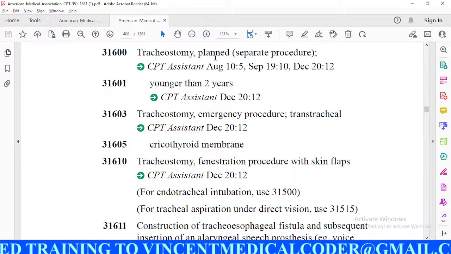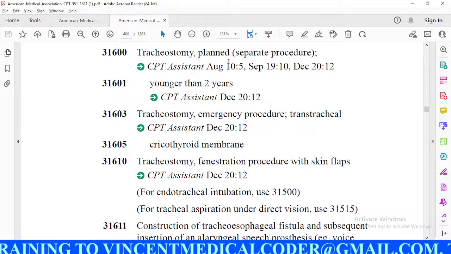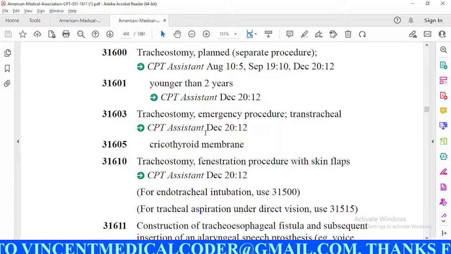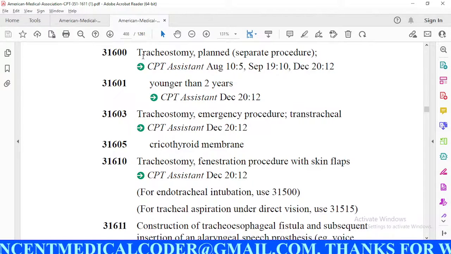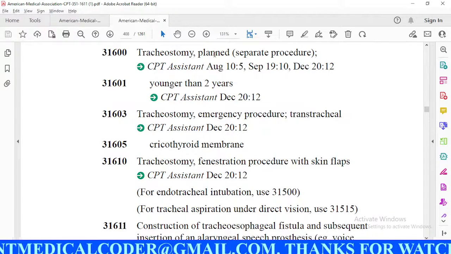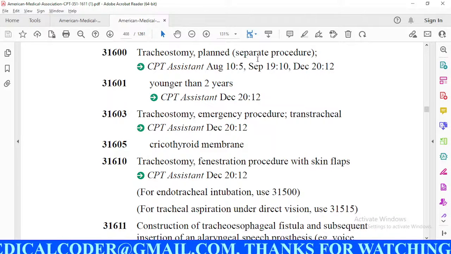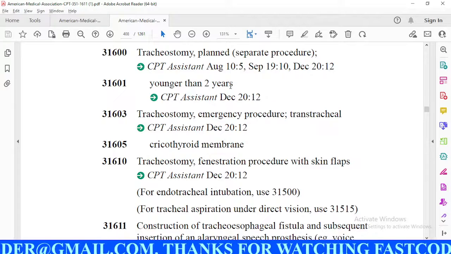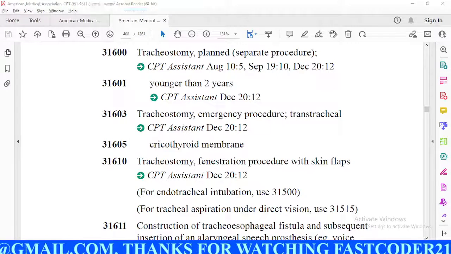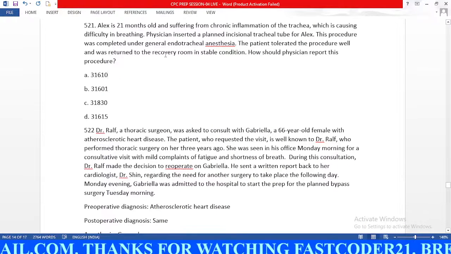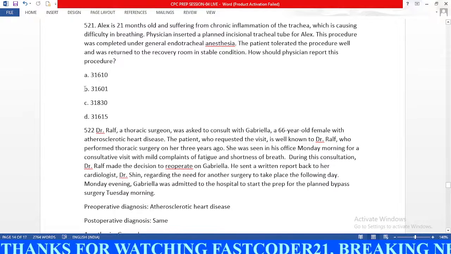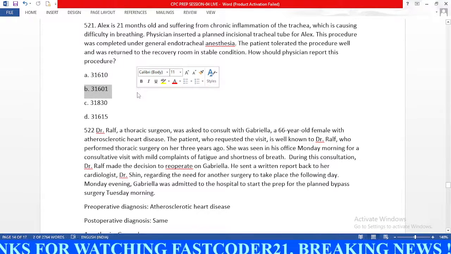Whether it is planned or revision, and what is the age of the patient. You can take it as tracheostomy planned for all patients, and 31601 for younger than 2 years. Based on our question, our patient is 21 months only. So we can select 31601 as the answer.